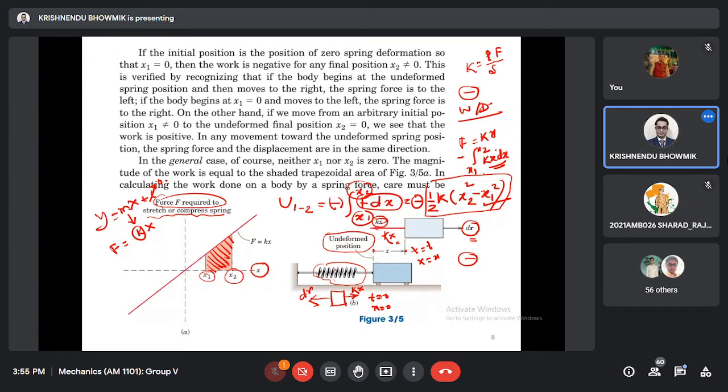So in another way also we can show. One way we have done integration, but simply we can write it this way also.